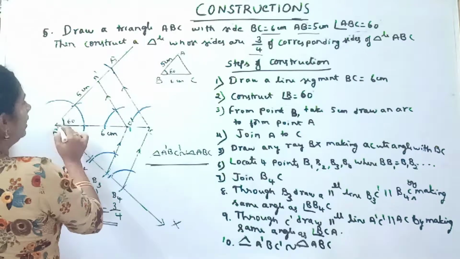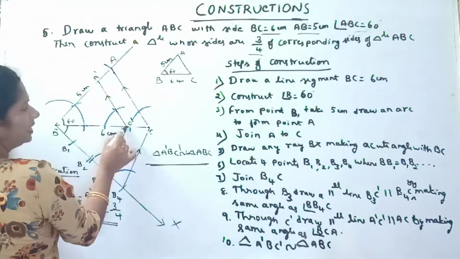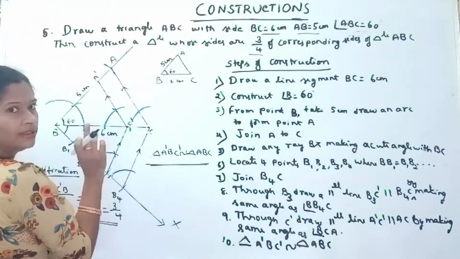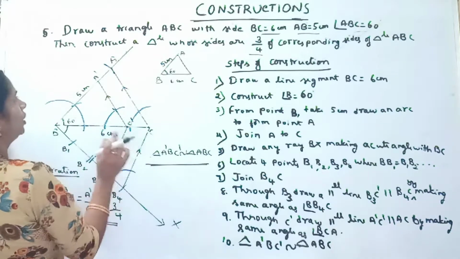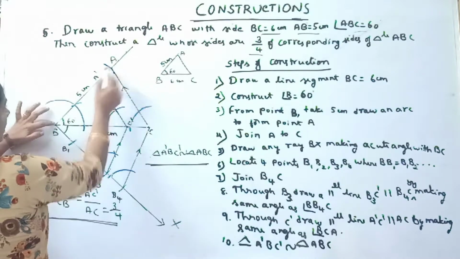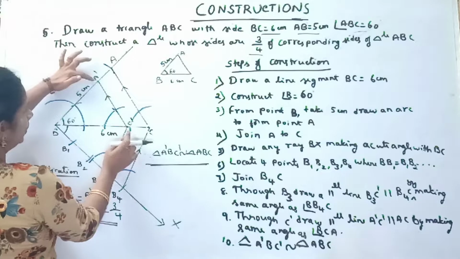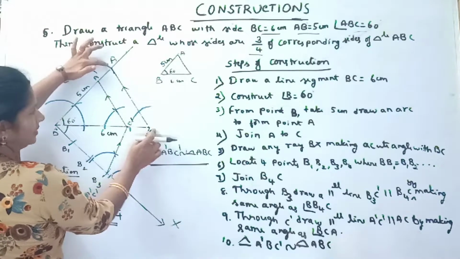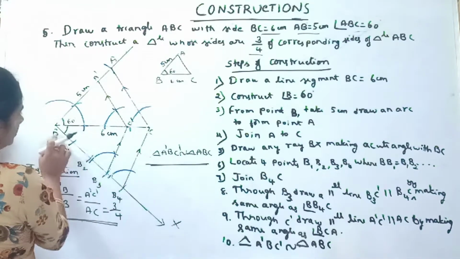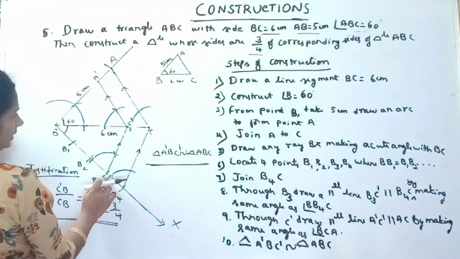So triangle ABC is similar to triangle A dash B C dash. If they are similar, then their corresponding sides are in proportion. Now you can write A dash B by AB equal to C dash B by CB equal to A dash C dash by AC.